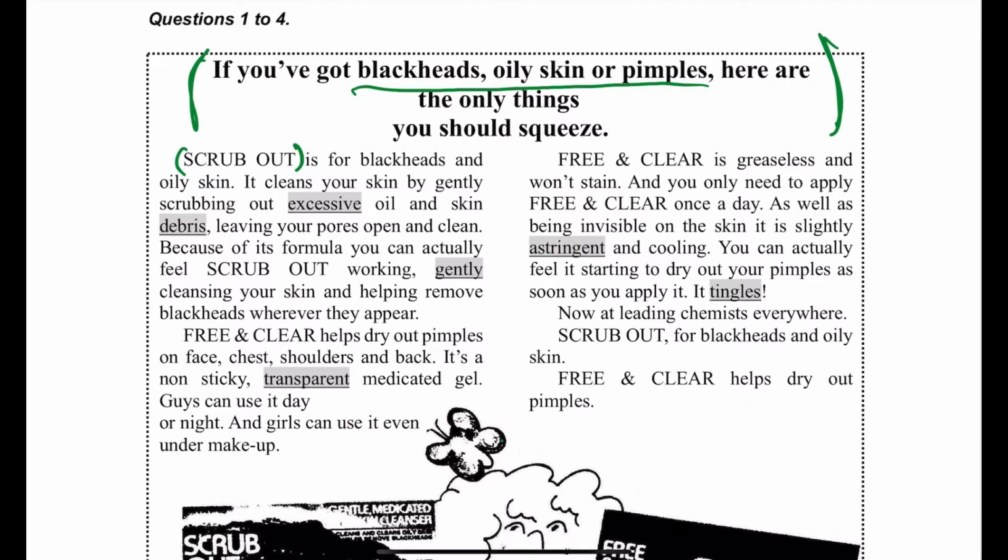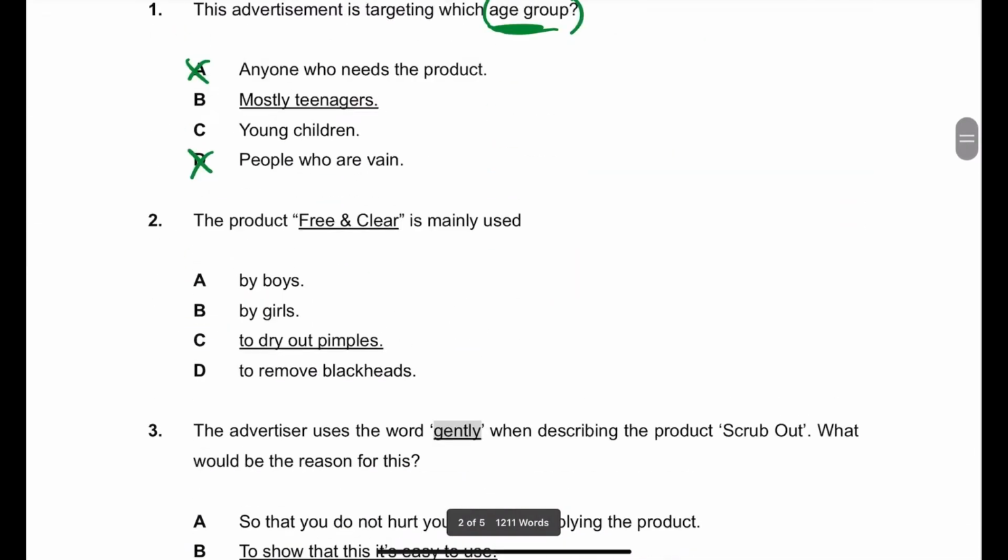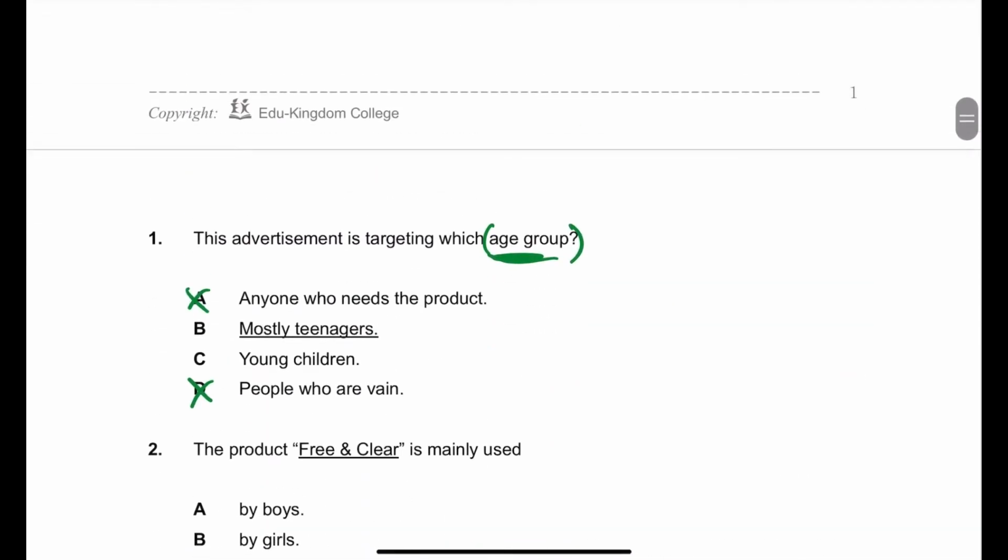If we take a look at teenagers or young children, they don't really have these traits. Pimples are something that you usually experience when you're going through puberty, so you should be a teenager around that time. So that's why the answer should actually be B, instead of C.